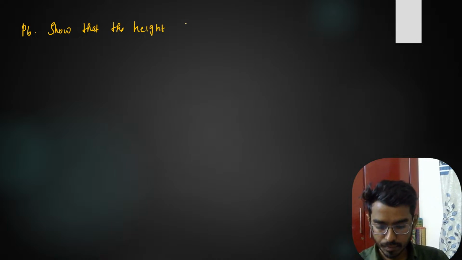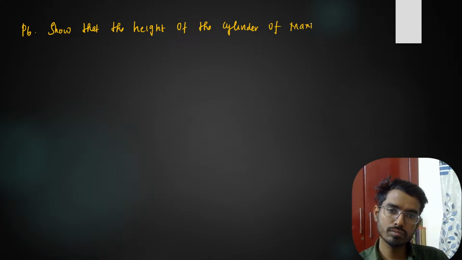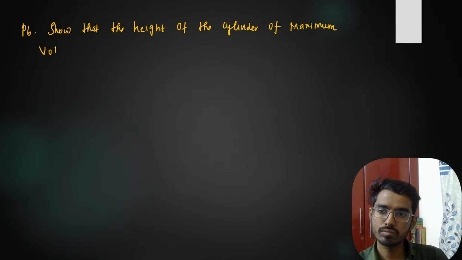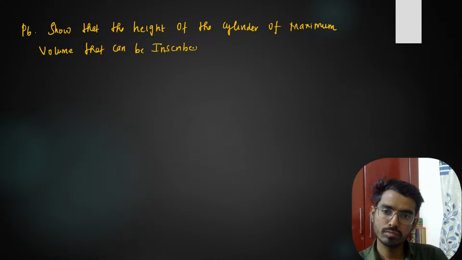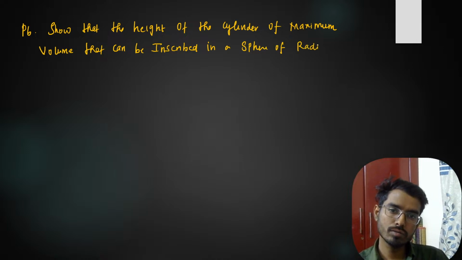Prove that the height of the cylinder of maximum volume that can be inscribed in a sphere of radius a is given by 2a by root 3.